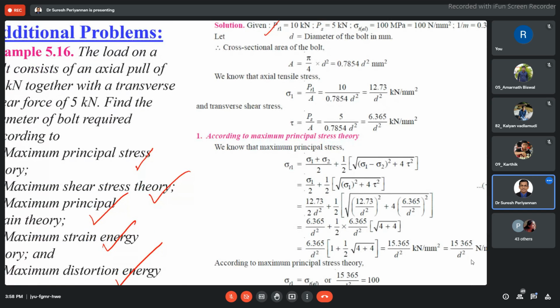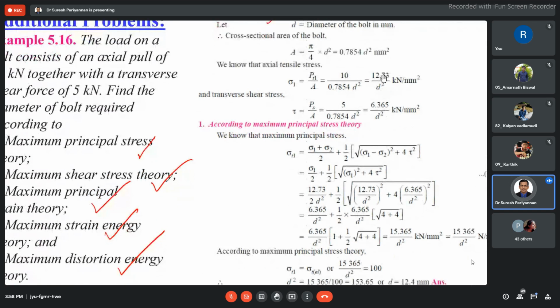Now come to the shear stress. The shear load is given as 5 kilonewton divided by the cross-section area, which gives 6.365 divided by D squared kilonewton per mm squared, in terms of D. So we have found the shear stress and we have found the normal stress.